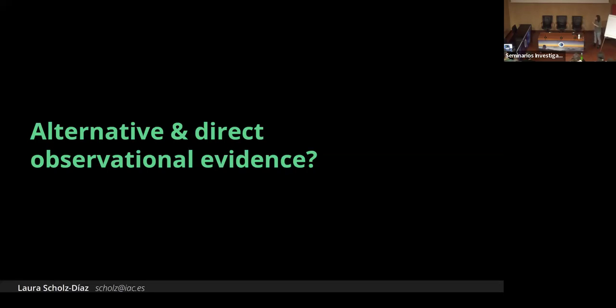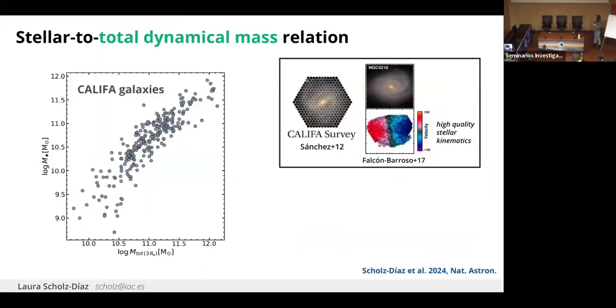For that, we turn to the CALIFA survey. CALIFA is an integral field spectroscopic survey whose main aim was to provide a spatially resolved view of the local universe. In this work, we are focusing on 300 galaxies of CALIFA that were observed with a high resolution configuration in order to derive high quality stellar kinematics.